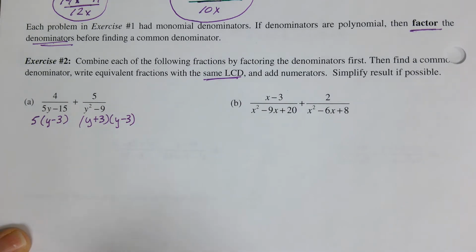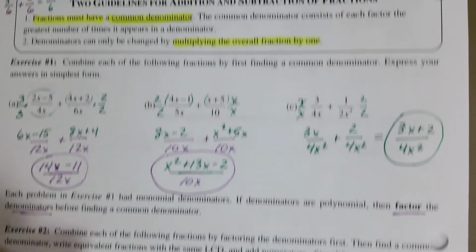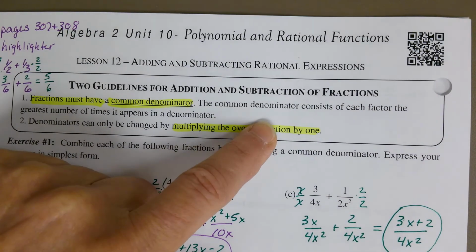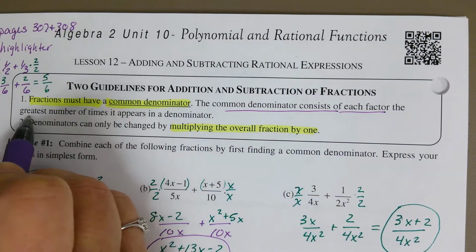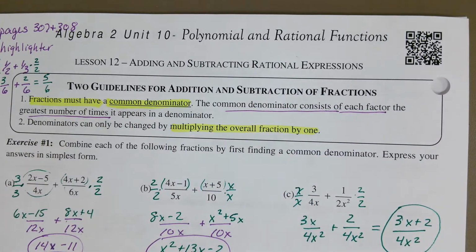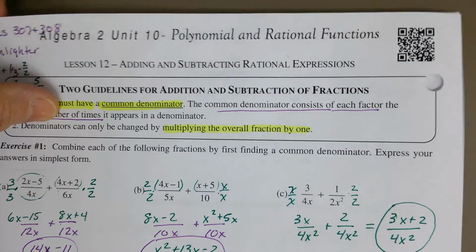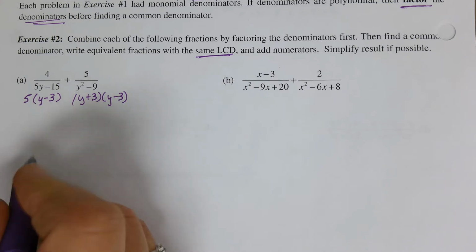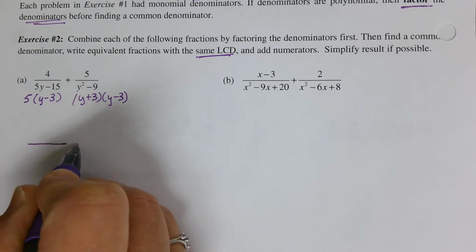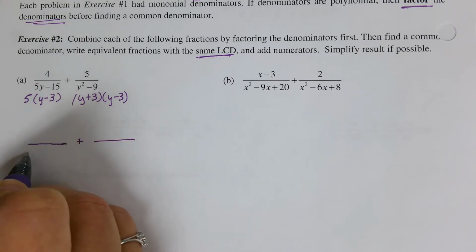Now, when we have factors for denominators, the common denominator consists of each factor the greatest number of times it appears in a denominator. In other words, we have a 5, so each equivalent fraction needs 5.